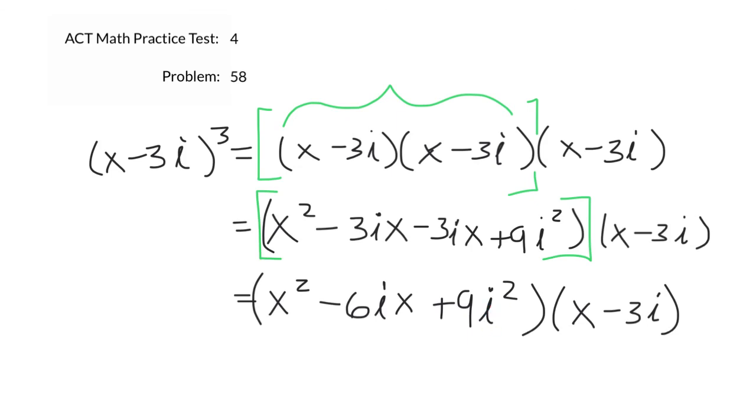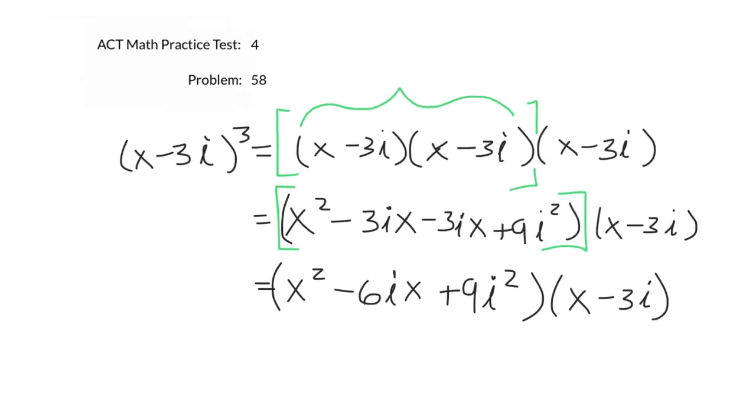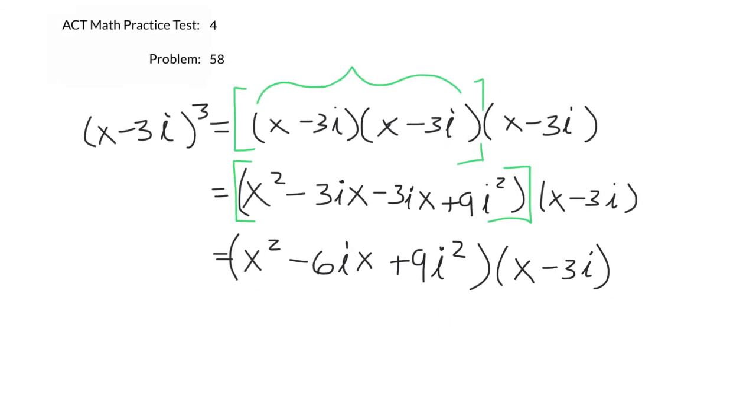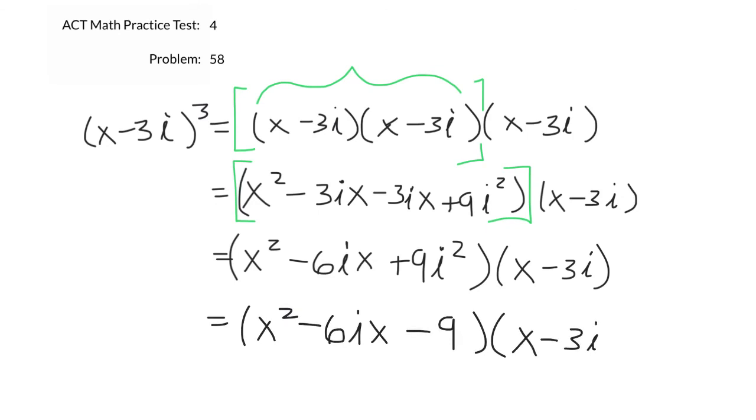So I'm going to do that right now, just to nip it in the bud, okay? There is a whole thing where you maybe even memorize what i cubed is, but we'll keep it simple. So we have x squared minus 6ix, and that's going to be -9, times x minus 3i.